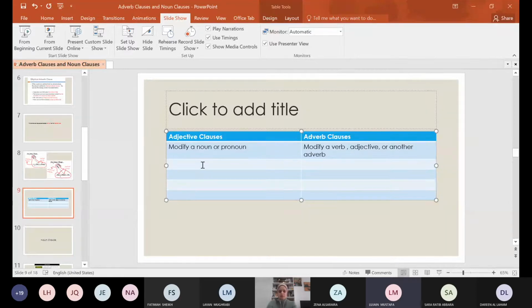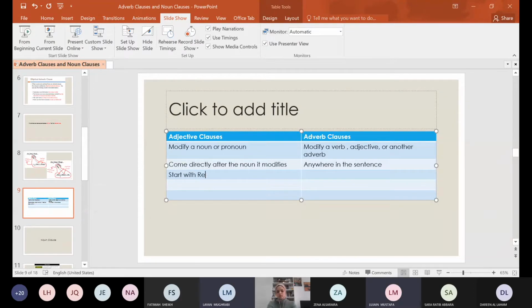Adjective clause, where does it come? Directly after the noun. Where does the adverb clause come? Anywhere in the sentence. Adjective clause starts with what?